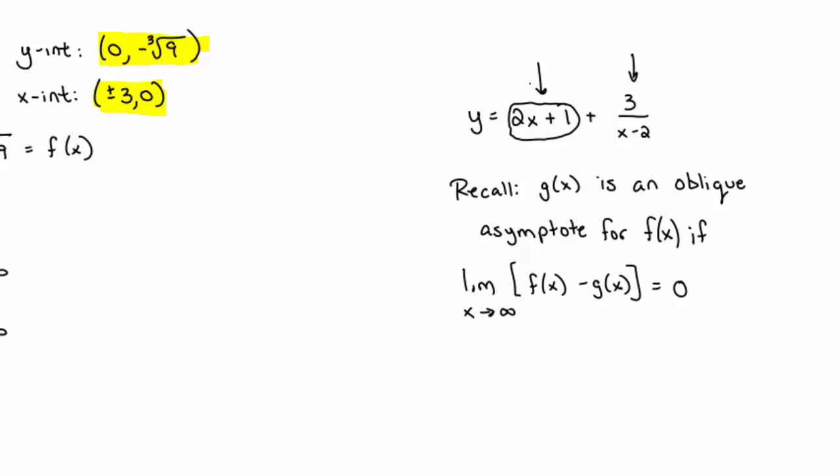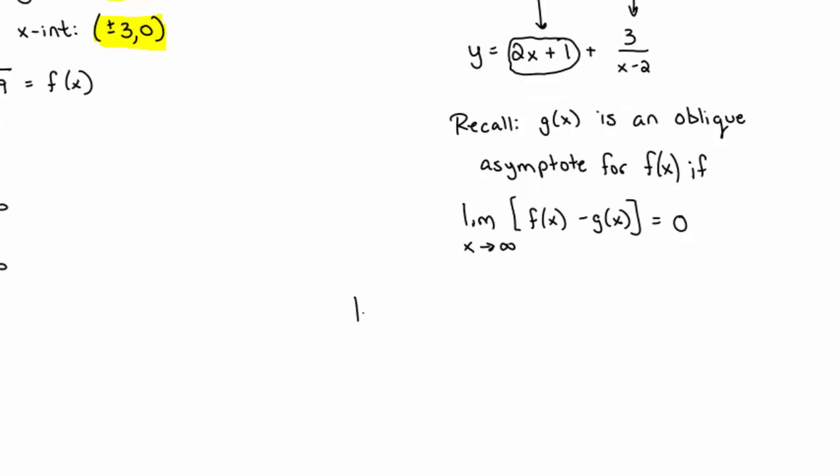I would say that is the oblique asymptote because the limit as x goes to infinity of the function itself, which is 2x plus 1 plus 3 over x minus 2, minus what I'm claiming to be the oblique asymptote. That limit as x goes to infinity.